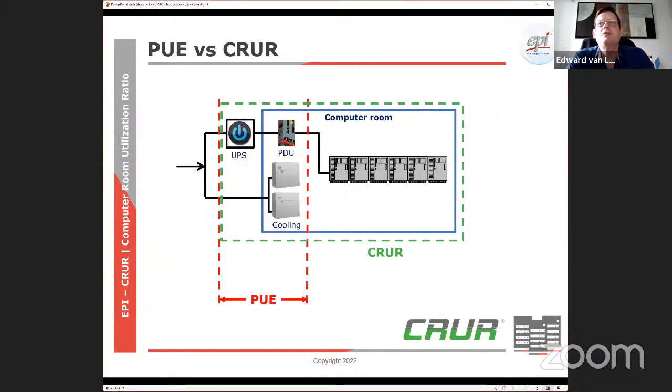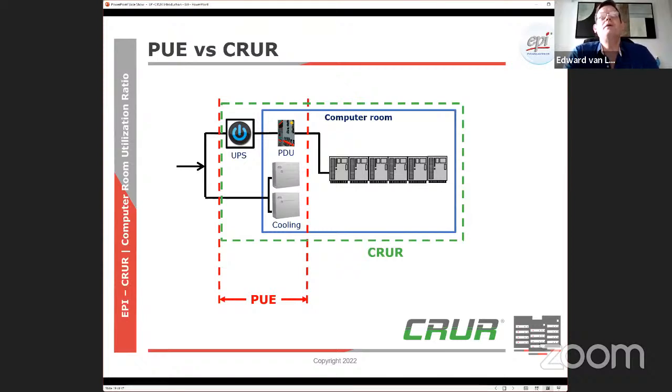So to show you in a picture very quickly how those terms are related to each other, as you probably know, PUE is measuring the IT load in kilowatt, and you divide it by the utility entry capacity. So it's basically kilowatt of computer room divided by kilowatt of the building.